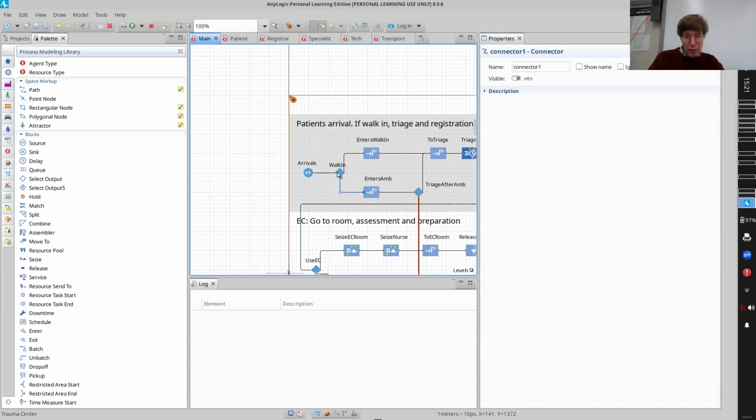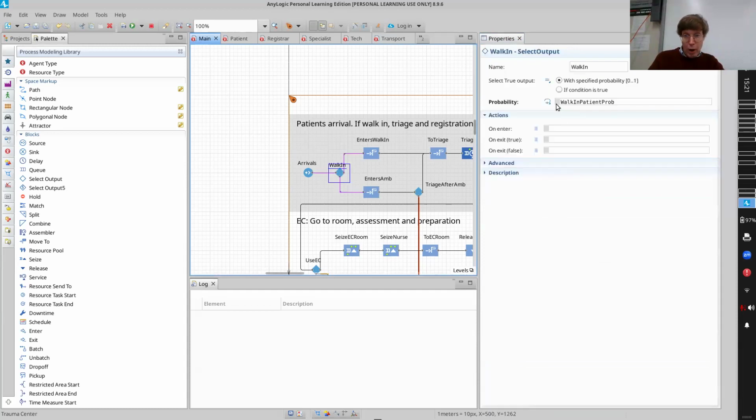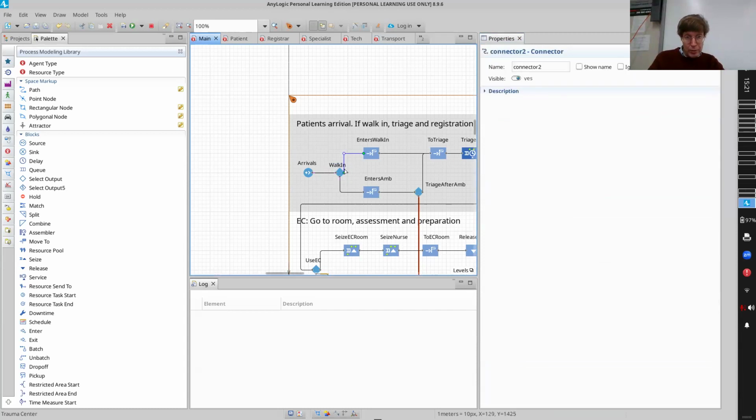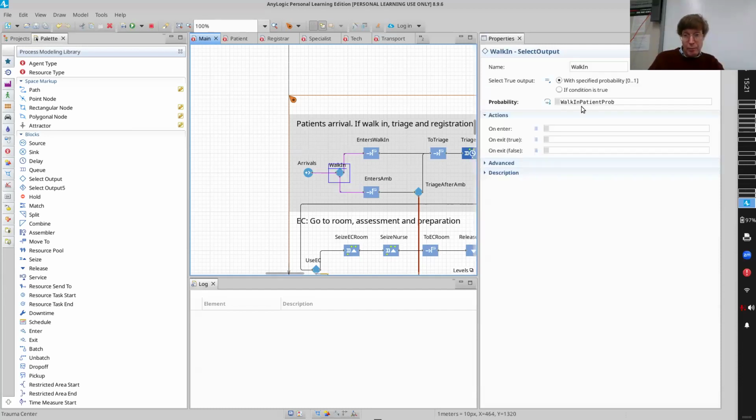And here, you could see this probably walk-in patient probability. This is true. That's going forward in this sort of forward side of the diamond. This is false. So they're routed this way if that probability is not true. So with this probability, it flips a coin. They go this way.